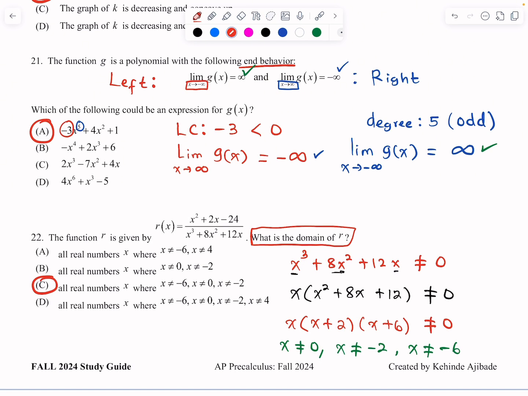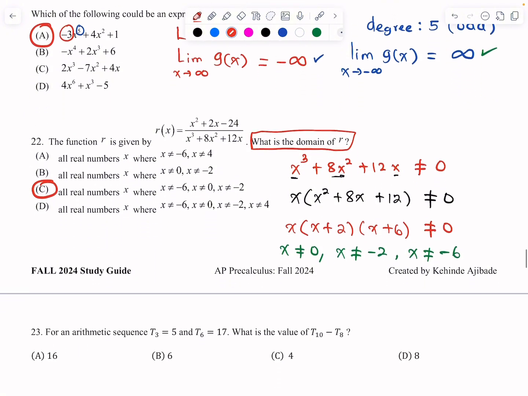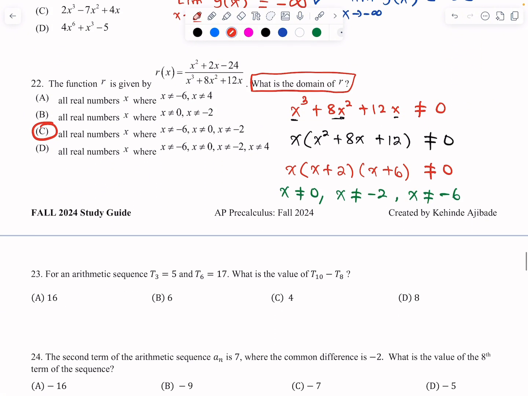Now let's go to question 23. For question 23, I was given an arithmetic sequence. T of 3 is equal to 5. T of 6 is equal to 17. What is the value of T of 10 minus T of 3?